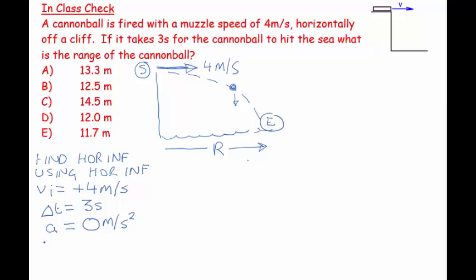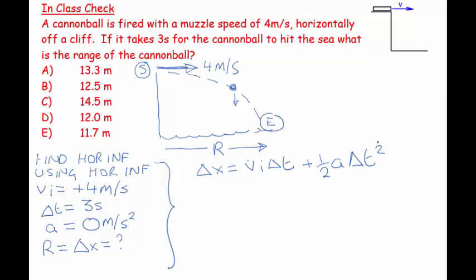We want to find the range, and the range is equal to my horizontal displacement, which I don't know. So now I want to select from this information the equation that I need. And I have a delta x, a delta t, and a v initial. So the obvious equation is delta x is equal to vi delta t plus 1/2 a delta t squared.